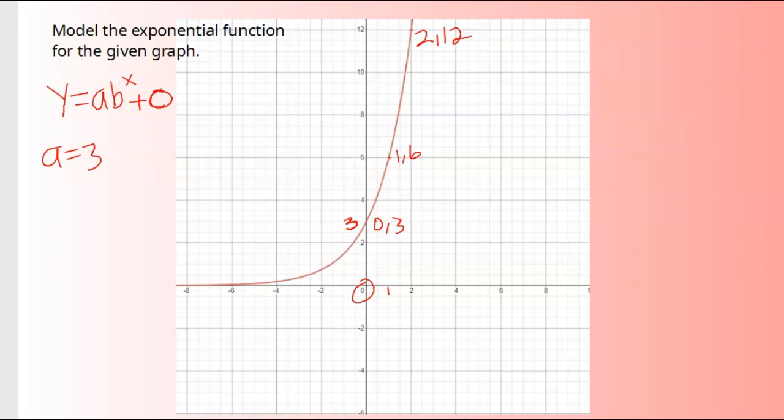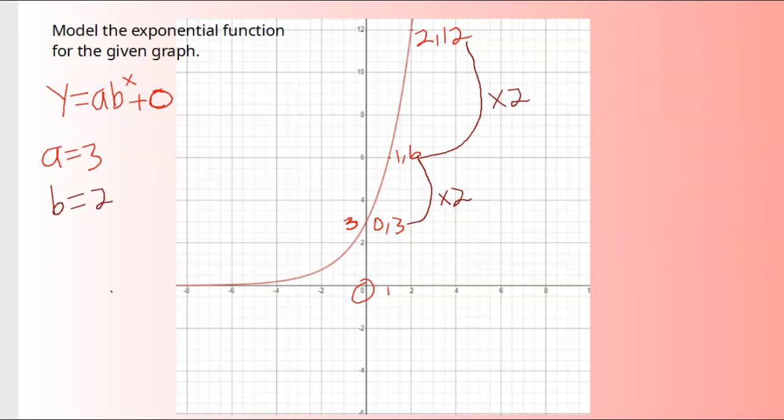So we can find the rate. How can 3 become 6 and 6 become 12? Here we realize that it's times 2, and here is times 2. So the rate, which is the b, is 2.